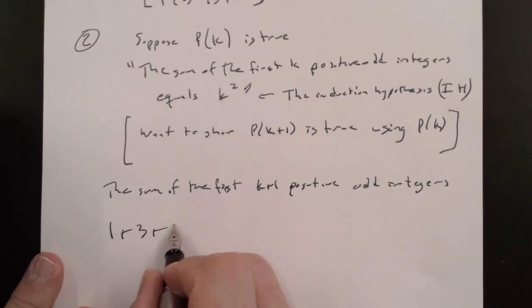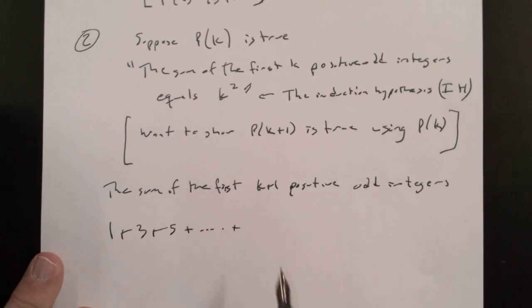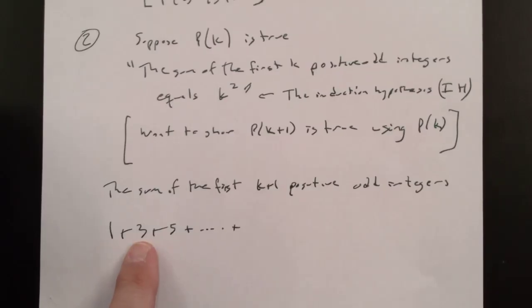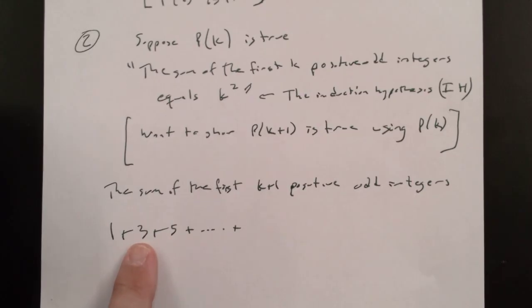1 plus 3 plus 5 plus ... plus. Wait a minute. First, second, third, right? 5 is 2 times 3 minus 1. 3 is 2 times 2 minus 1. My odd numbers are 2K minus 1 rather than plus 1 like we've written them before.